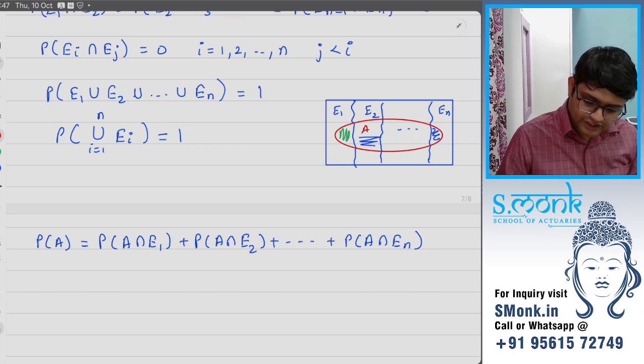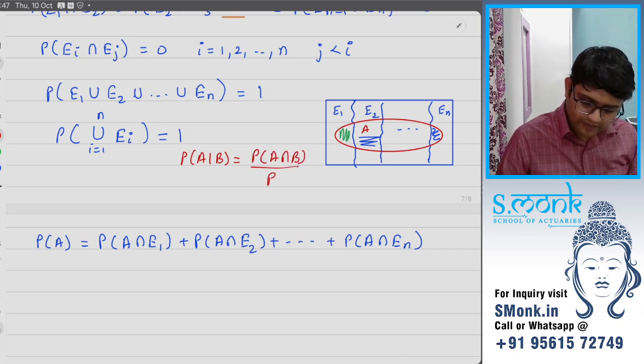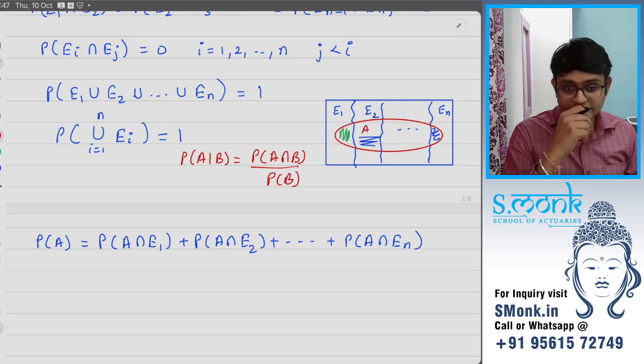Now we'll use the conditional probability. We said probability A given B was probability of A intersection B upon probability of B. This is what we wrote for conditional probability.